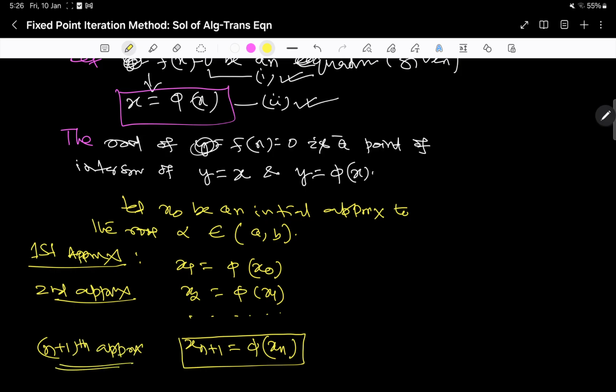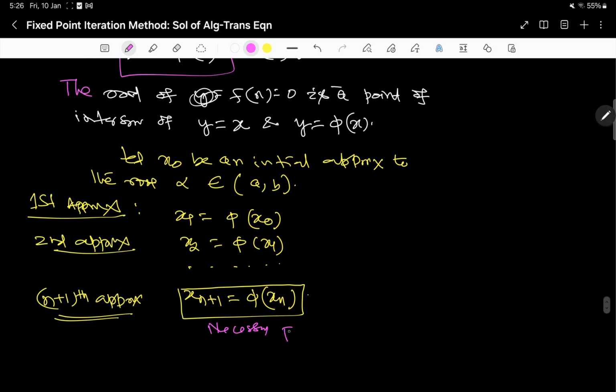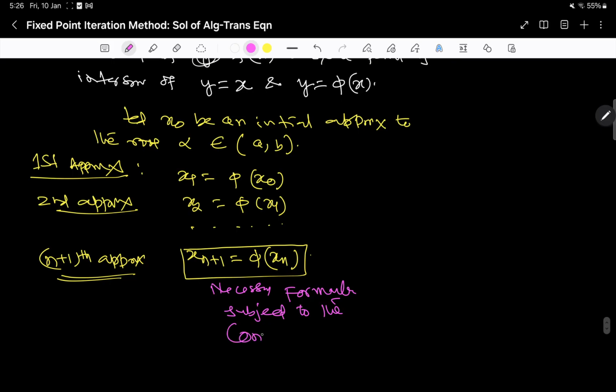This is the necessary formula, but subject to the convergence. I will tell you how it will converge. Without this convergence condition, this root will scatter.